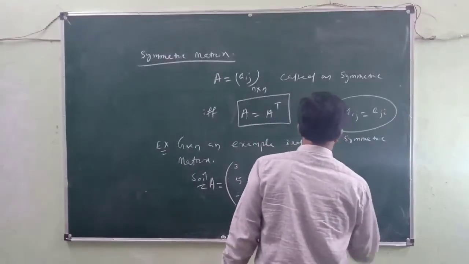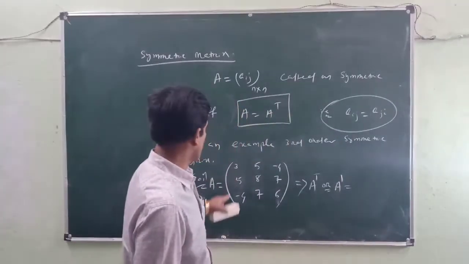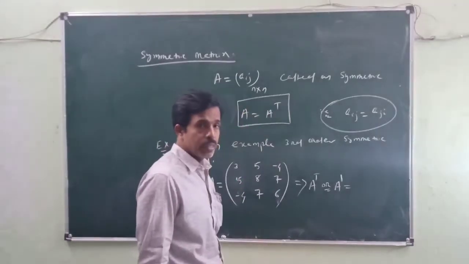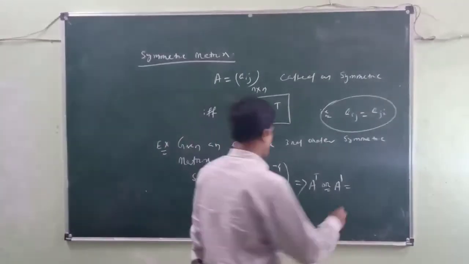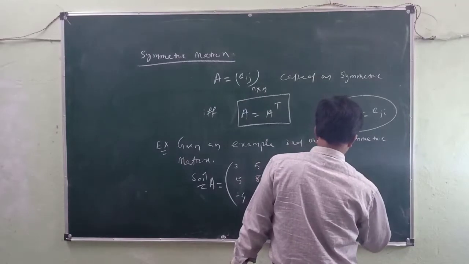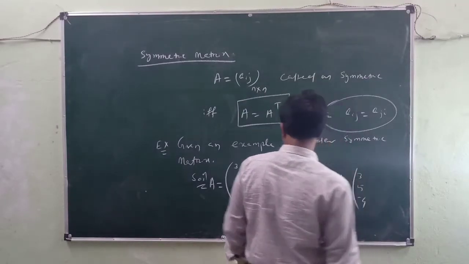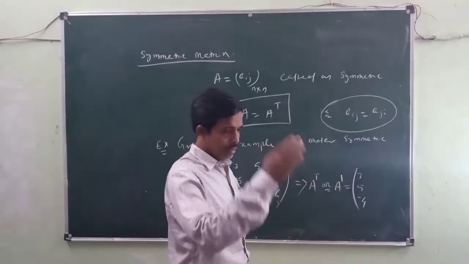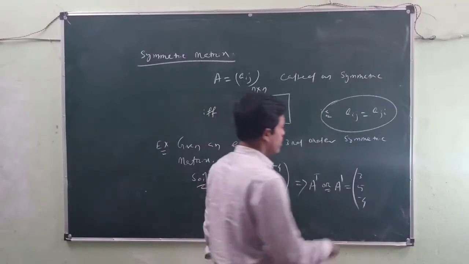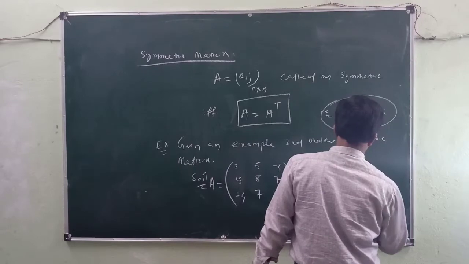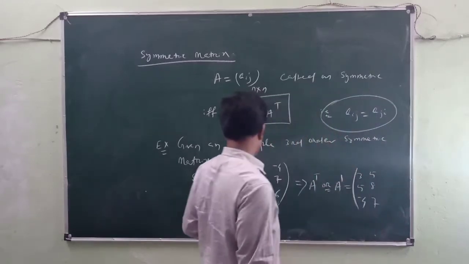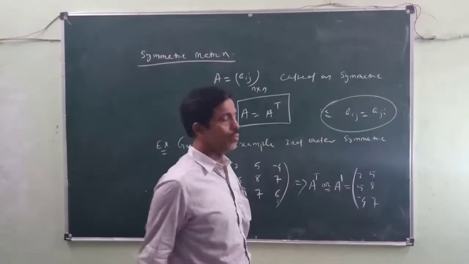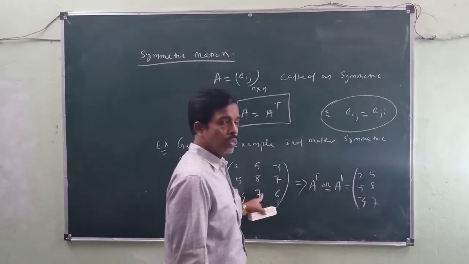It is obtained by changing rows into corresponding columns. Here the first row is 3, 5, -4, so you write this 3, 5, -4 column-wise. Then the second row is 5, 8, 7, so in the second column you write 5, 8, 7. And the third row is -4, 7, 6, so in the third column you write -4, 7, 6.